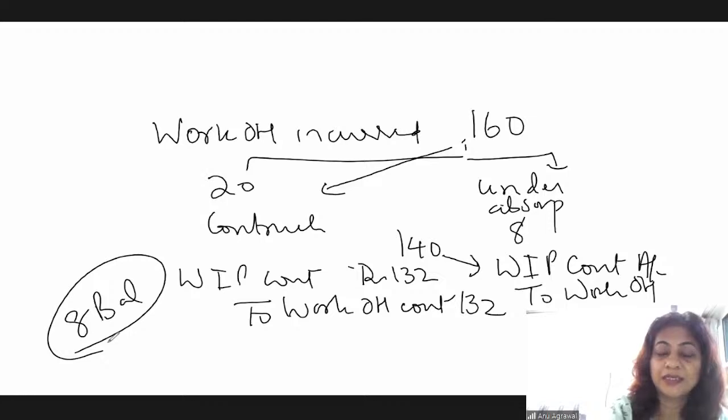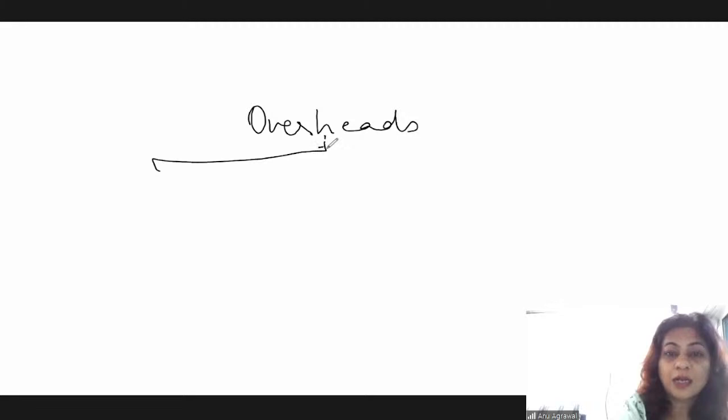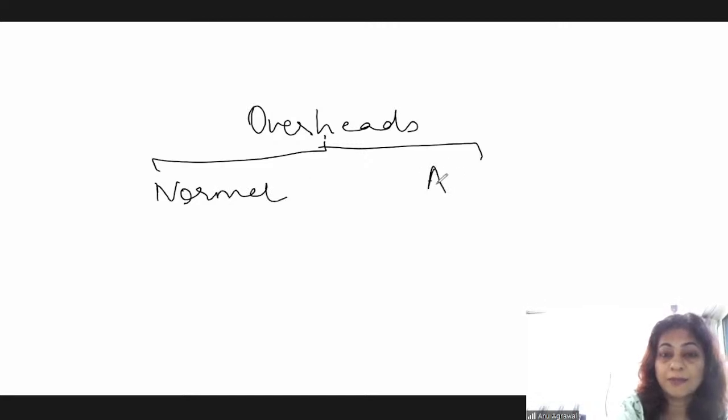You people have already studied your overheads. If you remember your overheads, there was a topic which was taught to you, which was reasons for under or over absorption, and they were normal, abnormal. Remember that?